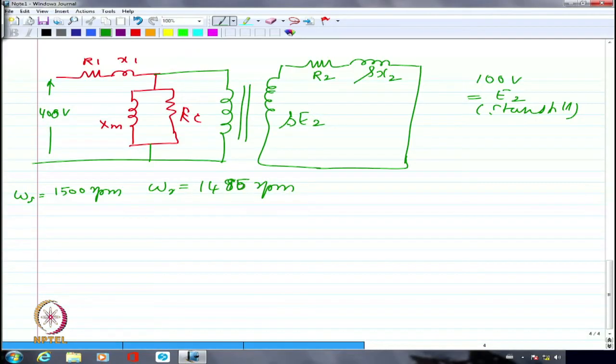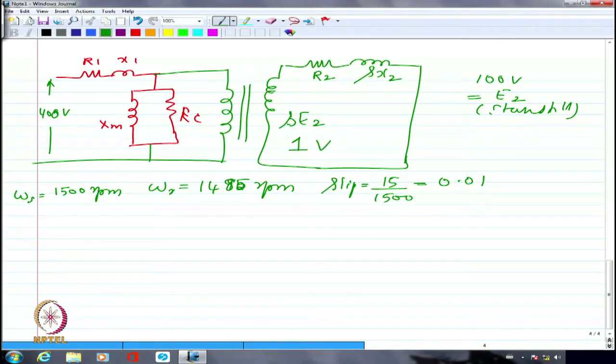It is easier for calculation. 1485 RPM. So I am going to have the slip to be 15 divided by 1500. So that is going to be 0.01. So originally I had an induced EMF of 100 volts. Now it has become 1 volt.